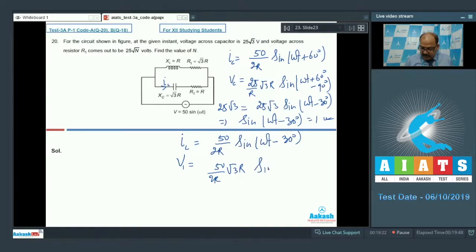So it is simply this into sine omega t minus 30 degree. Now we have already seen the value of sine omega t minus 30 degree is 1. So that means V1 equals 25 root 3 volt. This means the value of n equals 3. So our answer to question 20 is 3.